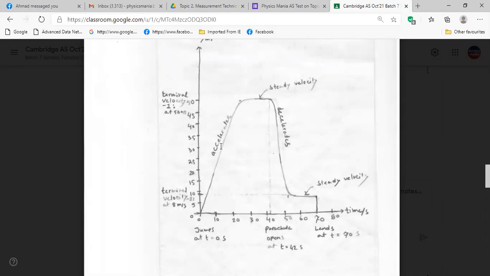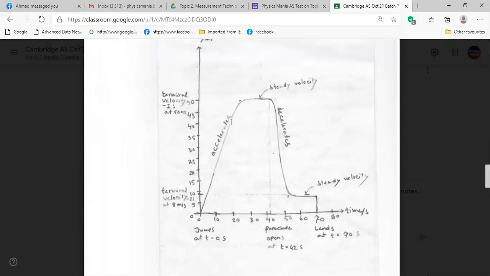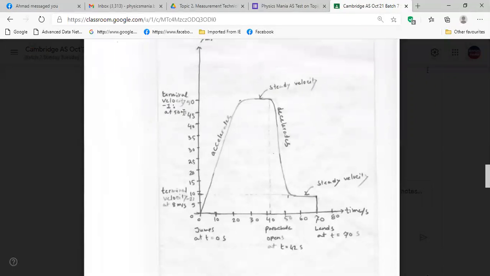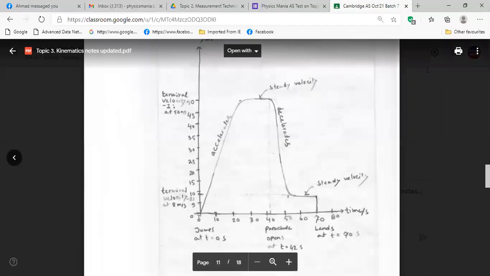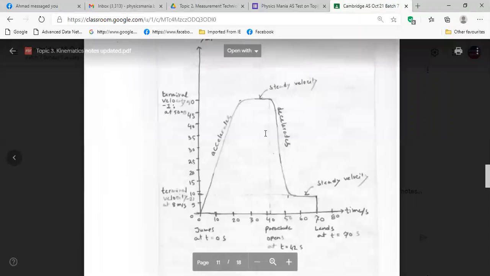The parachute did not open here, just jumps at t equals 0 seconds, then constant acceleration. The acceleration decreases and reaches terminal velocity. It is steady velocity in terminal velocity. So terminal velocity 1 is 50 meters per second. We have time also, you see, and the time 42 seconds.